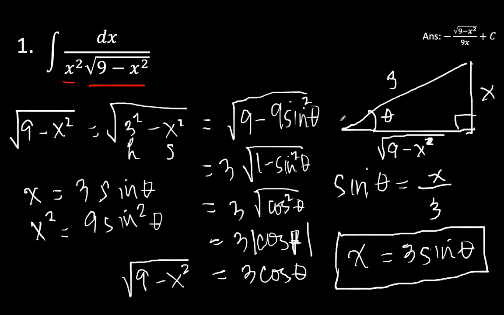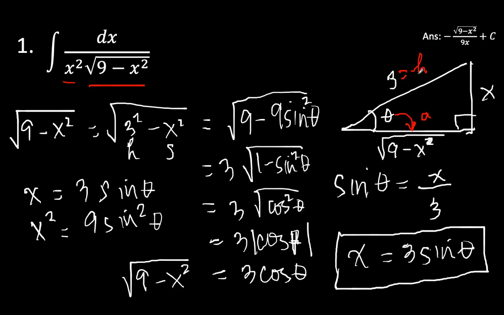With respect to the given theta, the square root of 9 minus x squared is adjacent. And instead of using the opposite side, which is x, we can use the hypotenuse, since we try to deal with constants rather than variables. To make the expression simpler, again, try to deal with constants instead of variables.